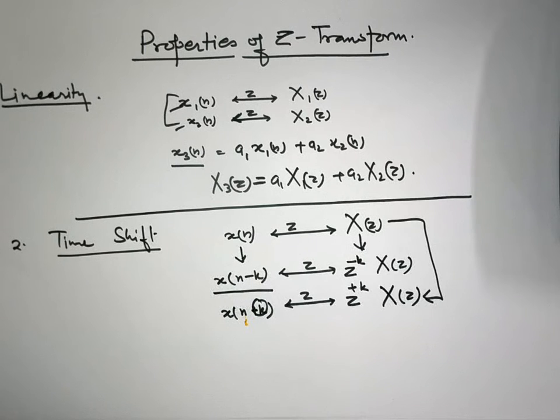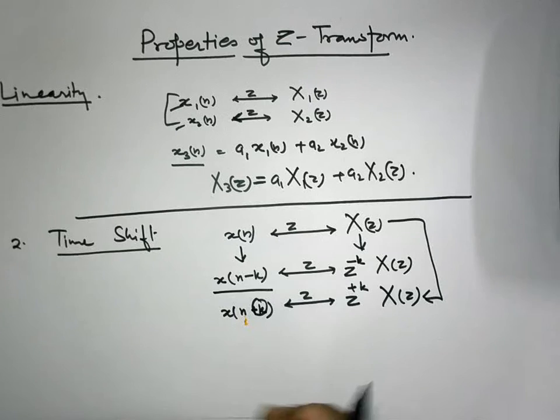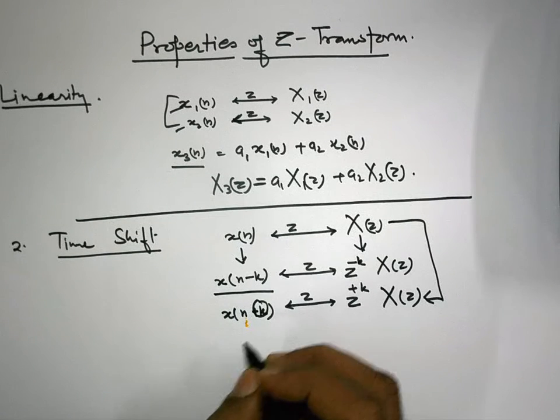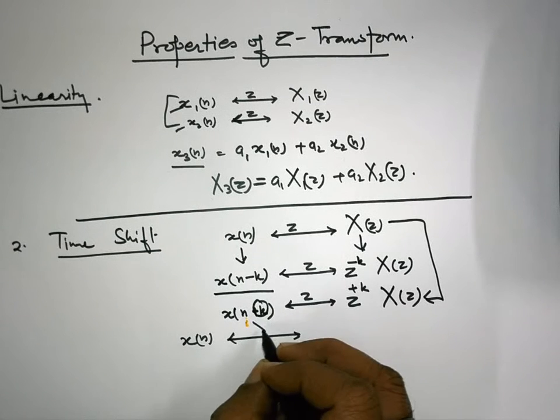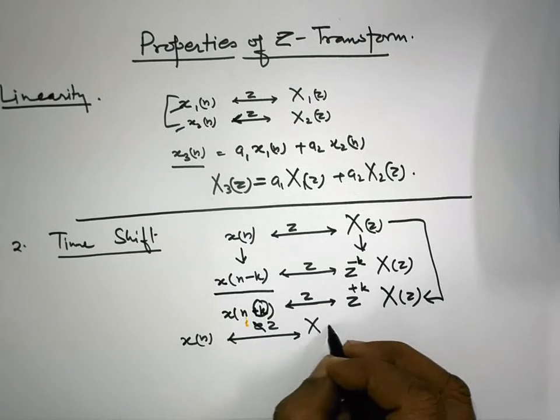Then the third property which has been discussed was scaling in the z domain. Suppose we have a signal x(n) whose Z transform is X(z).